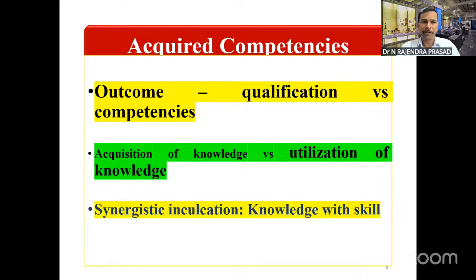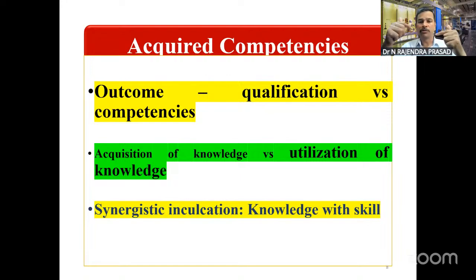That is very important. Next, acquisition of the knowledge is different from utilization of the knowledge. Of course, even I have a triple degree. I have a PhD degree in chemistry. Really, is that degree useful to survive in the society or to serve the society? That is the question, the $1 million question.